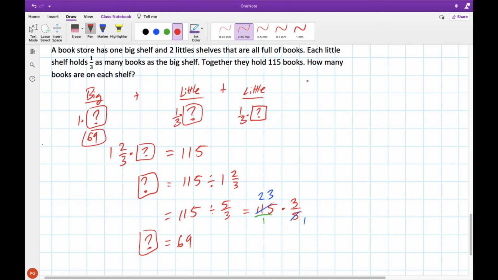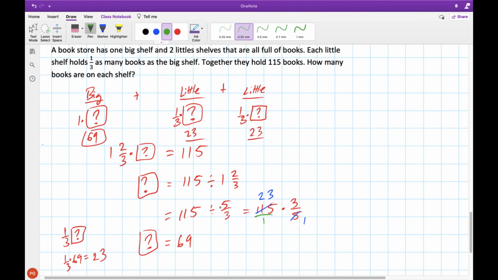But we also want to know how much are on the little shelves. So to get that, we need to do 1/3 times this question mark. So 1/3 of 69, which comes out to be, when you do this multiplication, equal to 23. So there are 23 books on each of these little shelves.